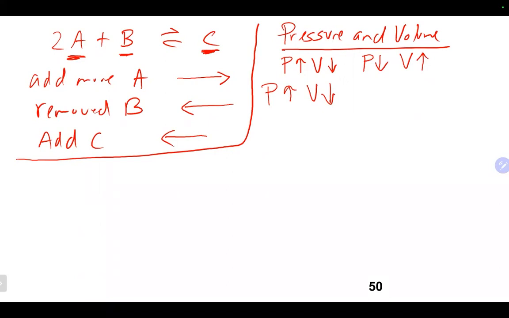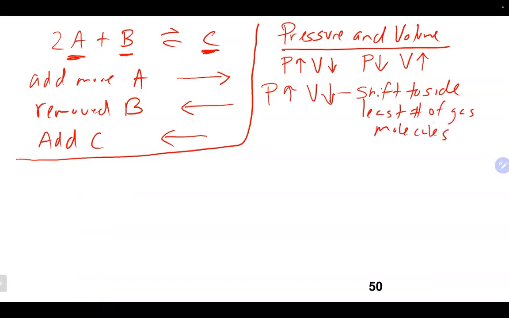If I lower the number of gas molecules in a small volume, we should then see the pressure start to come back down. So if you increase the pressure, which decreases the volume, it will cause the equilibrium to shift to the side with the least number of gas molecules.